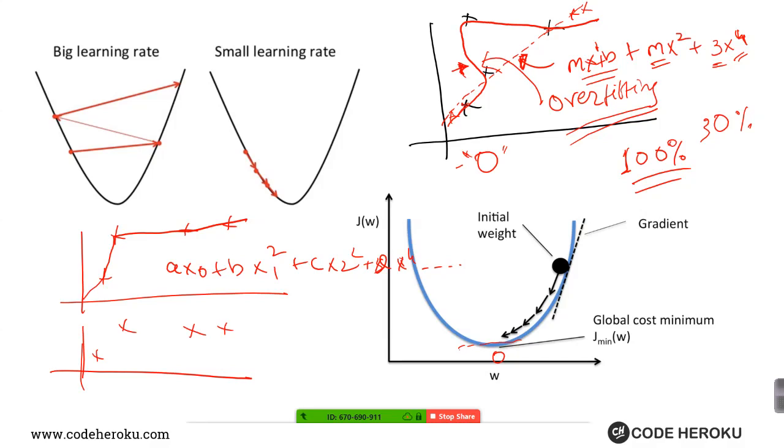What I'm saying is there is a theorem, the universal approximation theorem, which says that given a set of points, you can always come up with a line which will perfectly fit all these points. Well, in that case, you will just have this coefficient as 0.